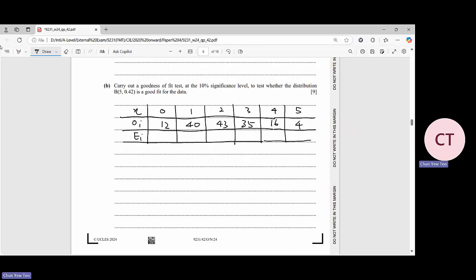We want to find the expected frequencies ourselves. Generally, Ei is equal to 150 multiplied by P(X equals i), where i is 0, 1 until 5. So we suggest the formula over here. The general formula will be 5Ci, p to the power of i, and q to the power of 5 minus i.